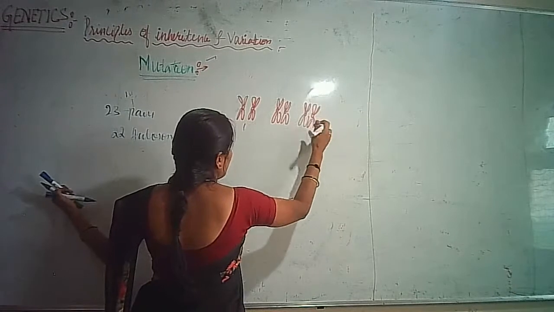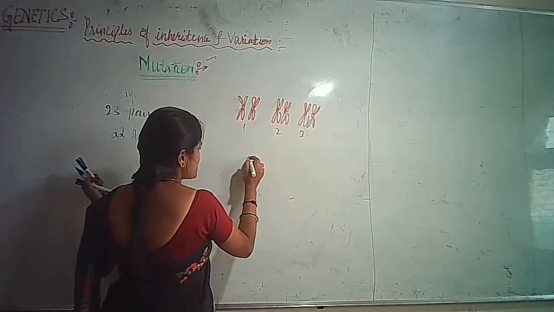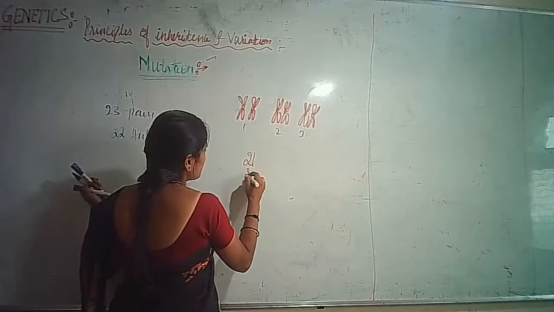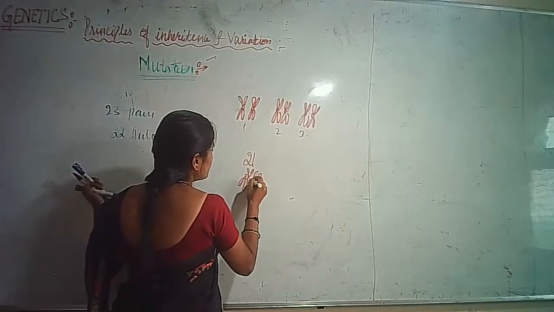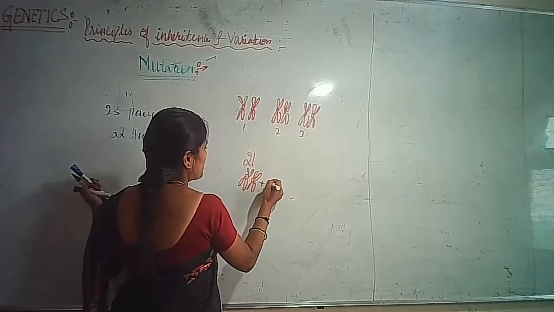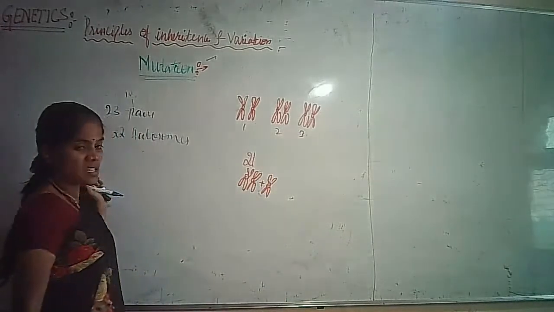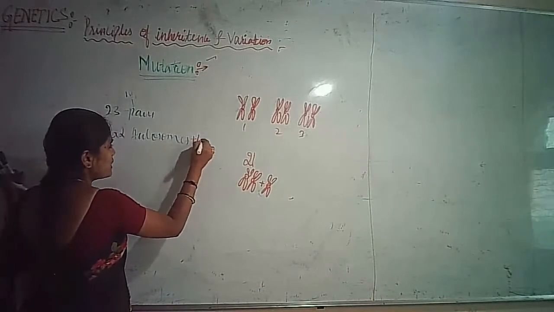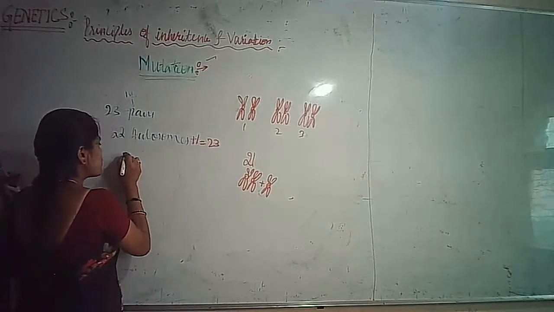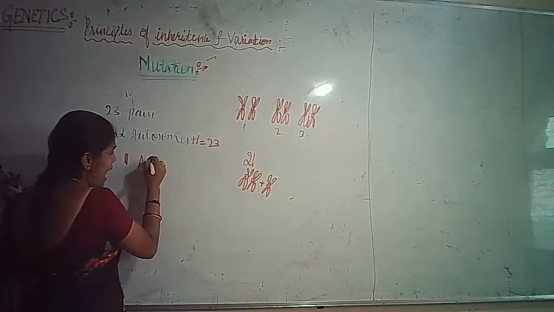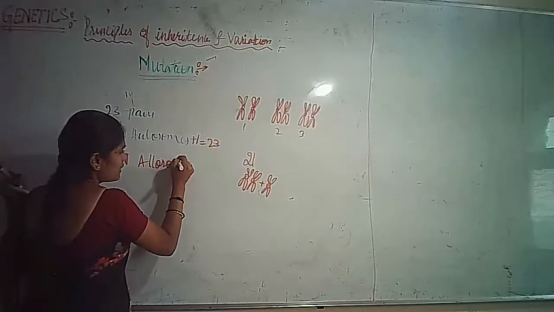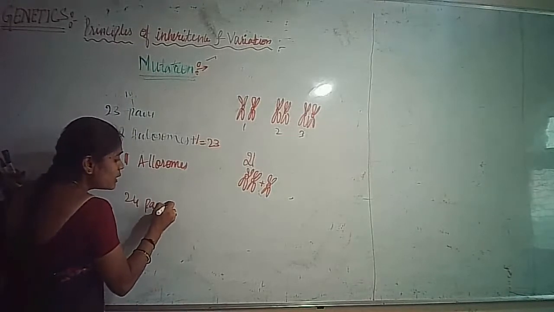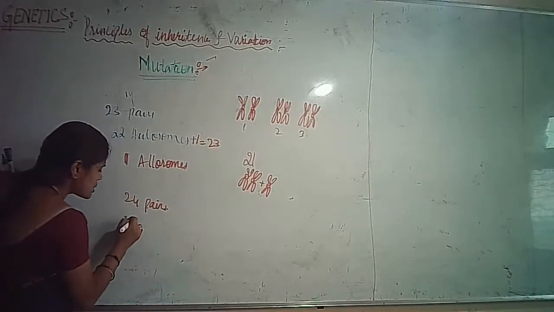If you see, for example, the 21st pair, what happened there? Instead of 2 chromosomes, 1 is added. So we are adding 22 chromosomes plus 1, that is equal to 23, plus 1 sex chromosome, that is allosome. So what will be the total karyotype? Total will be 24 pairs. Is it normal? No, it is a mutation.